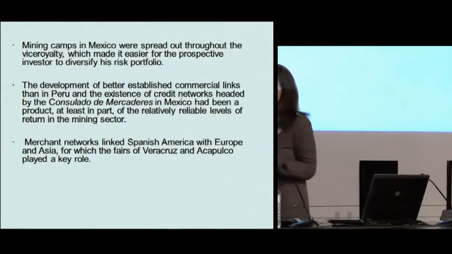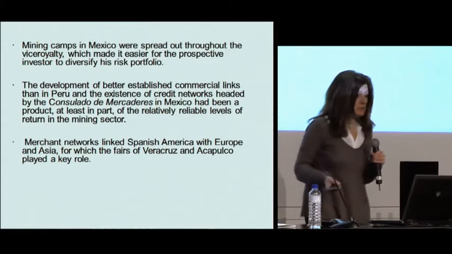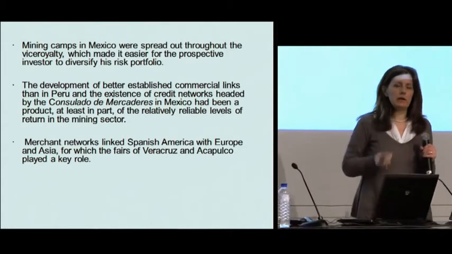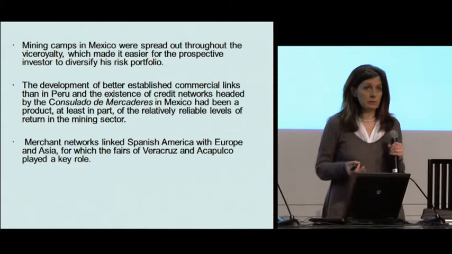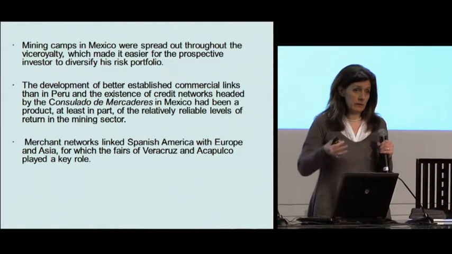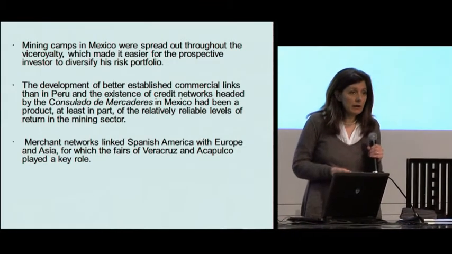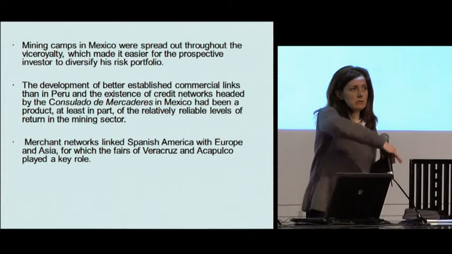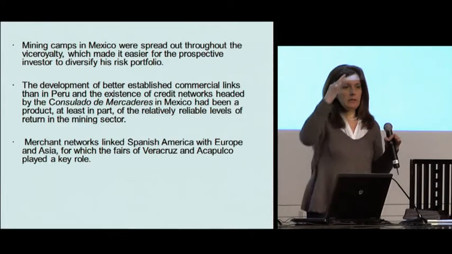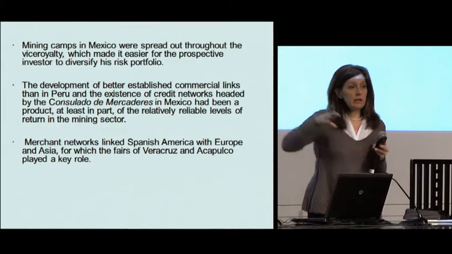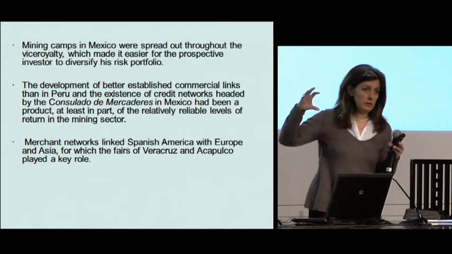Now, this higher volatility in Peru may have physical explanations, in the way that mining was carried out. We know that Potosí was basically a peak, right? And it was dug into like a Swiss cheese, basically.